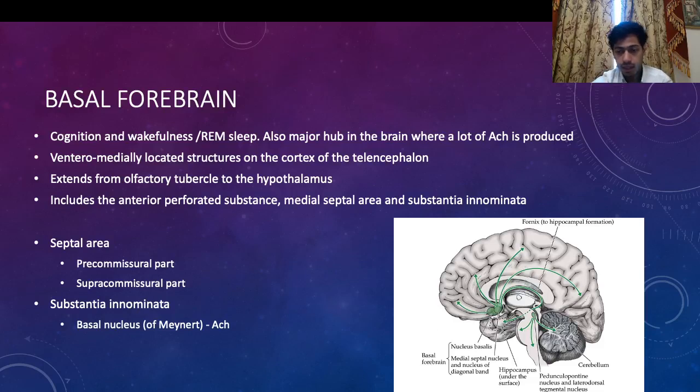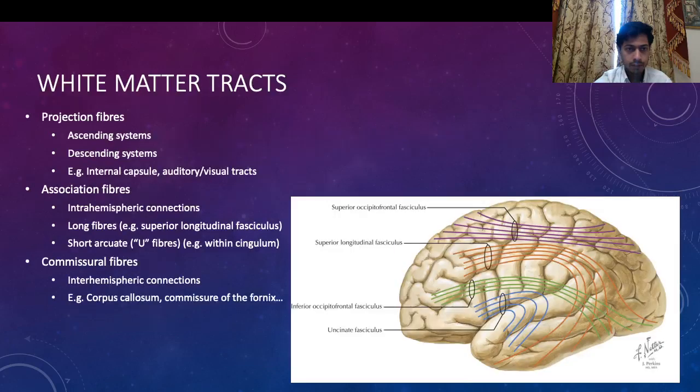And this medial septal area here is made up of a pre-commissural part and a supracommissural part, whereas the substantia innominata is made up of the basal nucleus of Meynert, which is the main producer of acetylcholine in the brain. That's the basal forebrain.